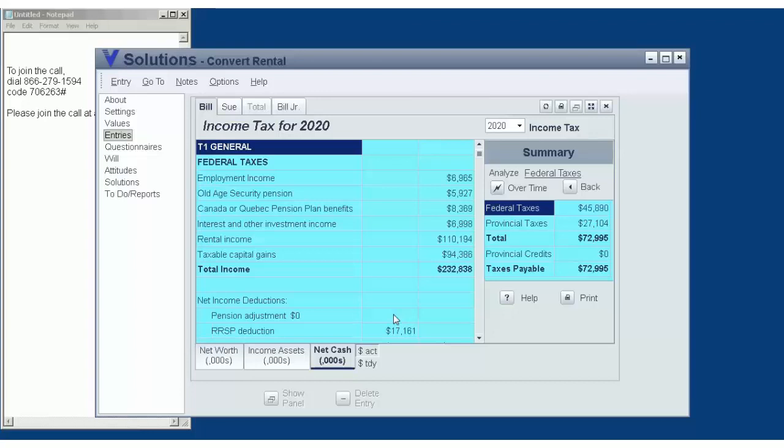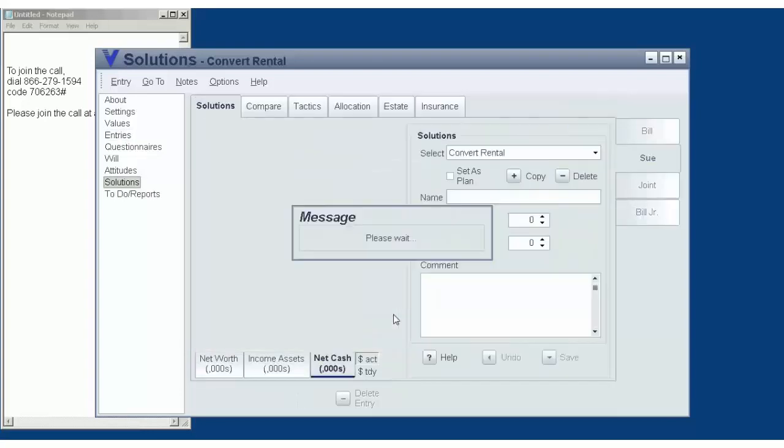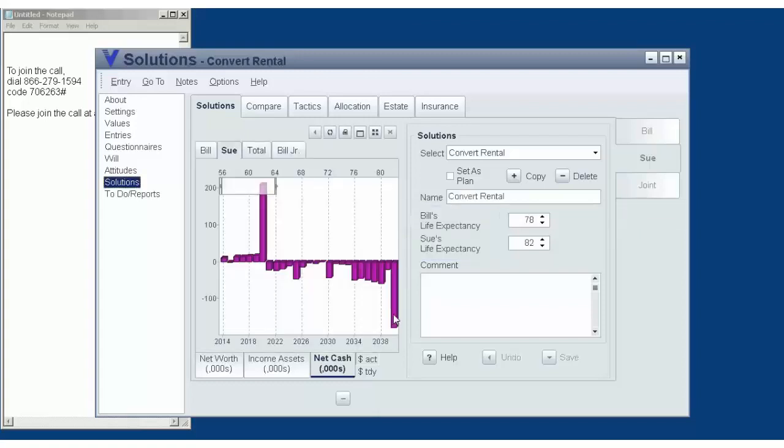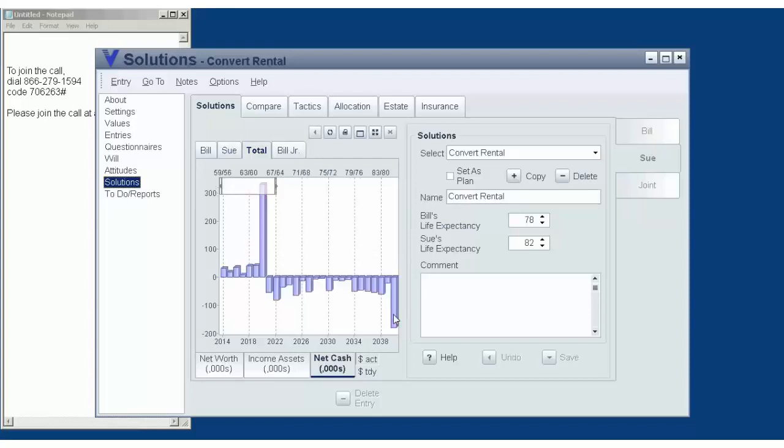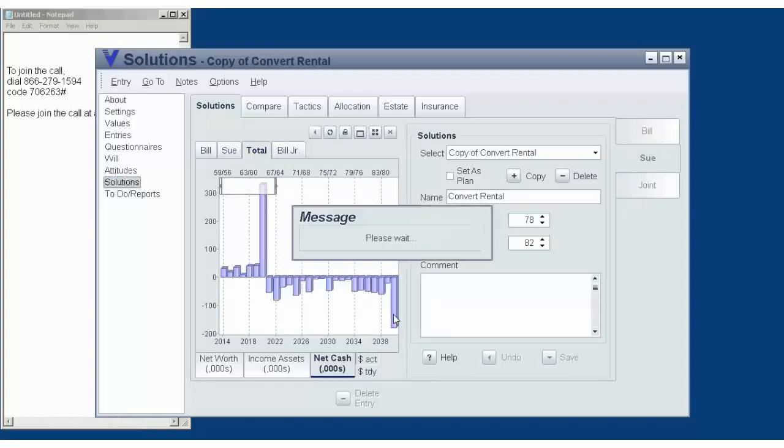Now what I want to do is show you an alternative. All I'm going to do is copy our convert solution, what-if scenario. But in this particular case, I'm going to go back to the rental property and change it so that we don't make a CCA claim.